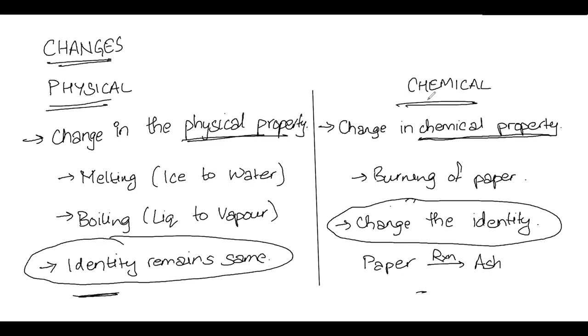Yes, Anmol? So how can we classify the burning of a candle? Okay, so when we consider burning of a candle, suppose this is our candle and it is burning. This is wax, and it is solid, whereas the rope over here is the thread.